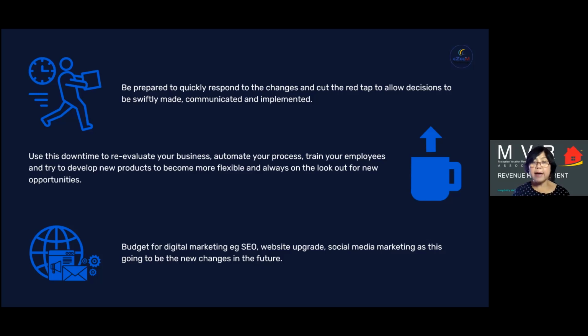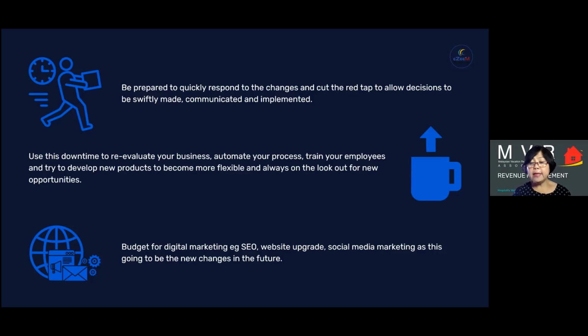And use this downtime. It is still a downtime now to quickly reevaluate your business, automate your process, train your employees. I think training and automation are two of the most important things that you should do in this new era post COVID, and try to develop new products, be flexible in pricing.